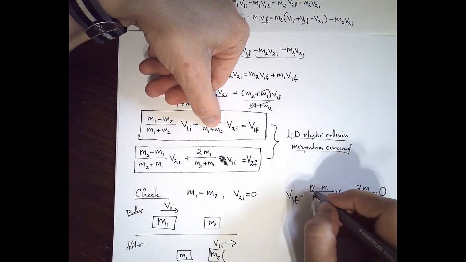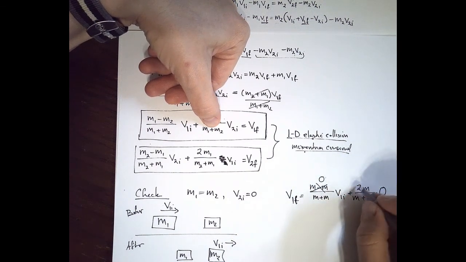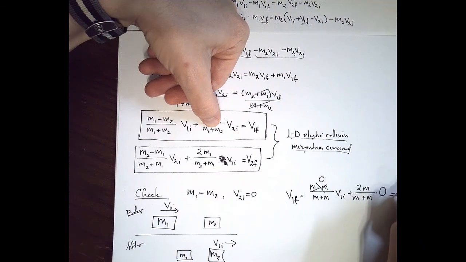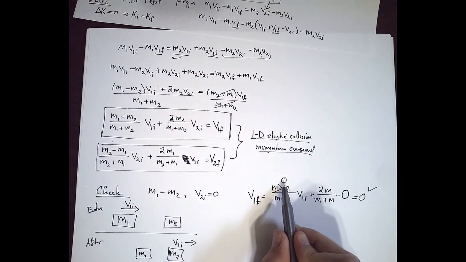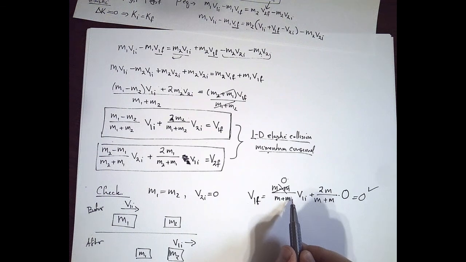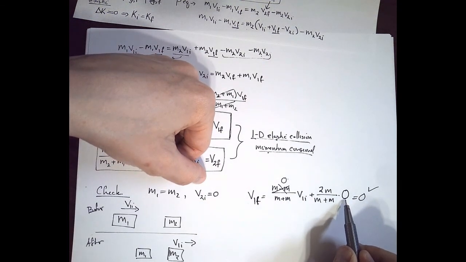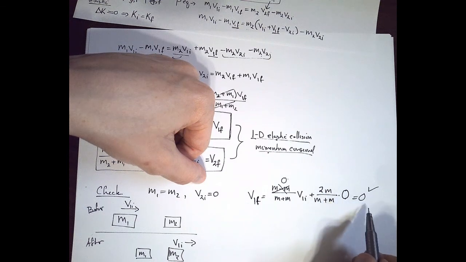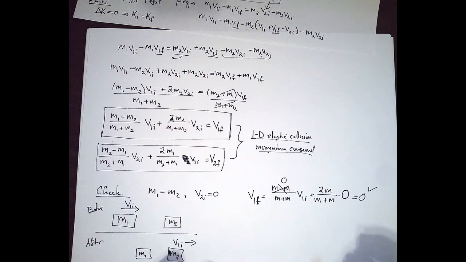So m minus m, that's 0, which means this whole term is 0, and then anything times 0, that's 0, so yeah, that'll be 0. That checks out. That's what we're expecting. So what we had here is m minus m, the mass is the same, this first term is 0, and here the second velocity, initially that velocity is 0, so this term is 0, so both terms are 0, so the first mass after the collision doesn't move.